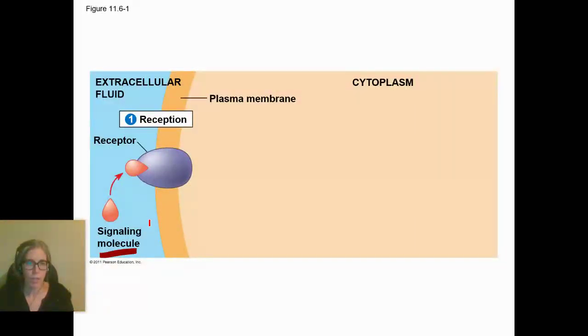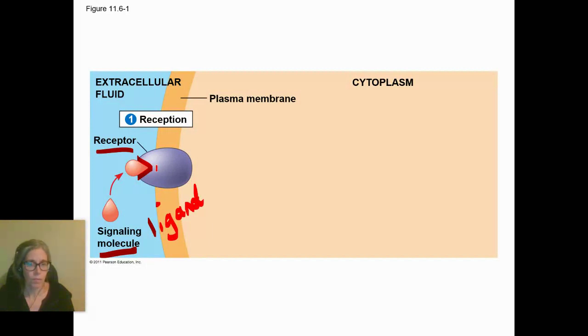Here's a signaling molecule. We'll also call that a ligand. That's got a very special shape, and it fits in with one particular receptor type. So this is just showing you the shape of some signaling molecule and that it fits into its particular receptor. So if this molecule is insulin, this receptor would be just for insulin.